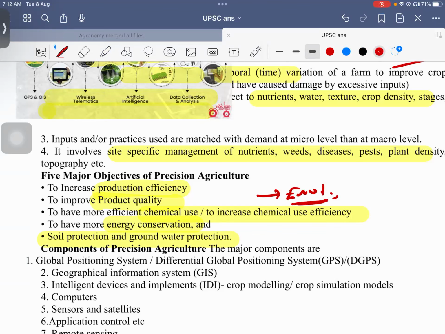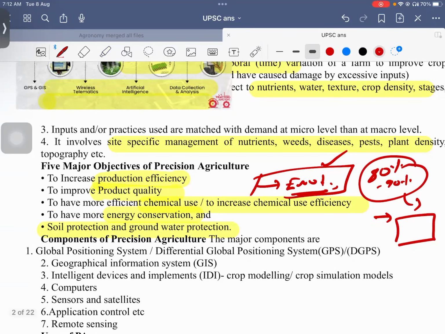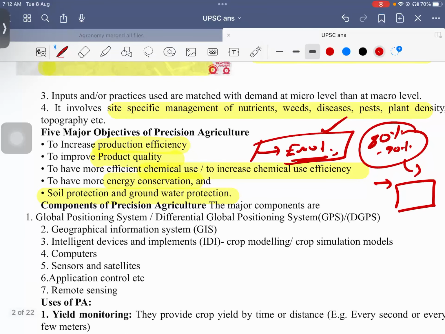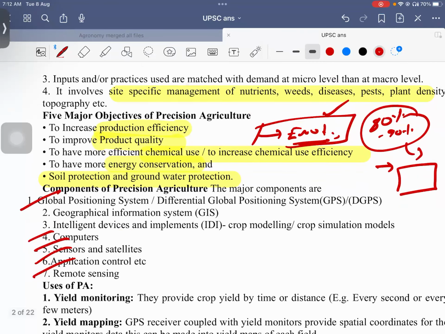You know that 80 to 90% of the nitrogen fertilizers we use finally gets into our water bodies. All these things can be prevented, so the environmental advantage is also there. These are the different components I discussed: GIS, GPS, computer, sensors, application, remote sensing.